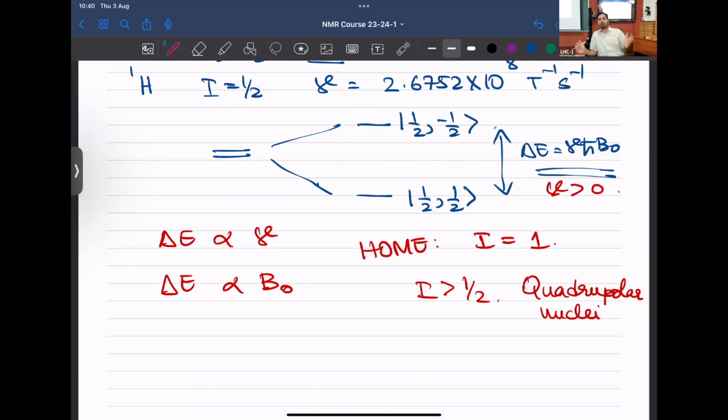That makes it a nuclear quadrupole, because you have dipoles behaving like magnets and behaving like electric dipoles. Unfortunately, these are tougher systems to study, for reasons which we'll learn later on. This is another reason why we will restrict ourselves in this course predominantly to spin half systems.